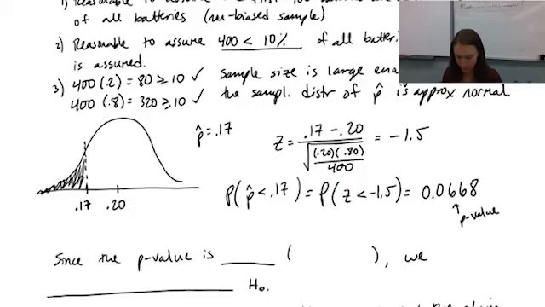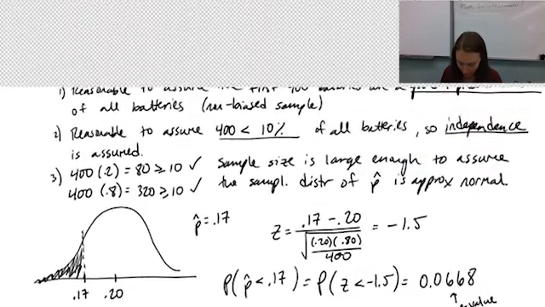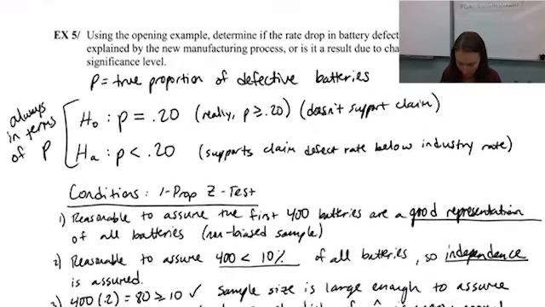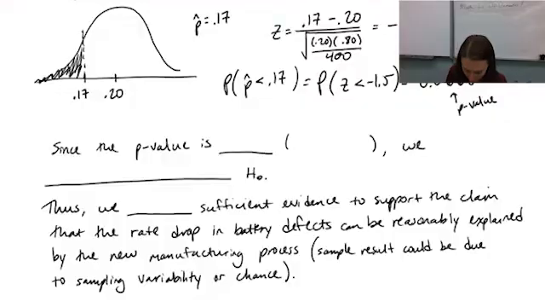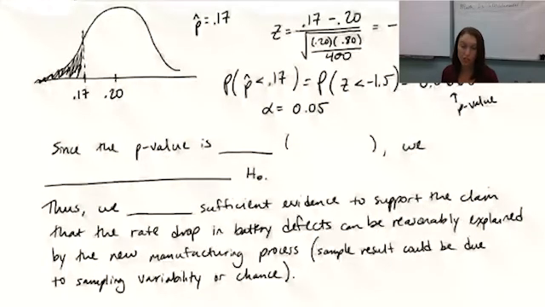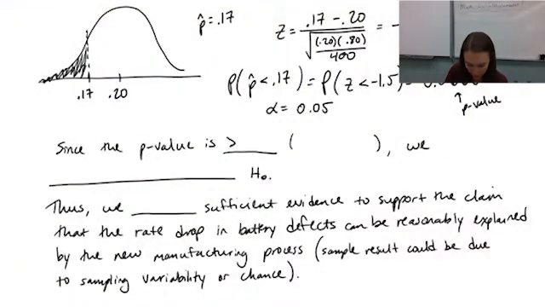So our p-value was 0.0668. At some point, we have alpha. We want to write it down. Alpha is 0.05. They told us to use an alpha level of 0.05. If they didn't tell us what to use, we would write assume alpha is 0.05. All right, so look at your p-value, 0.0668, and compare it to 0.05.